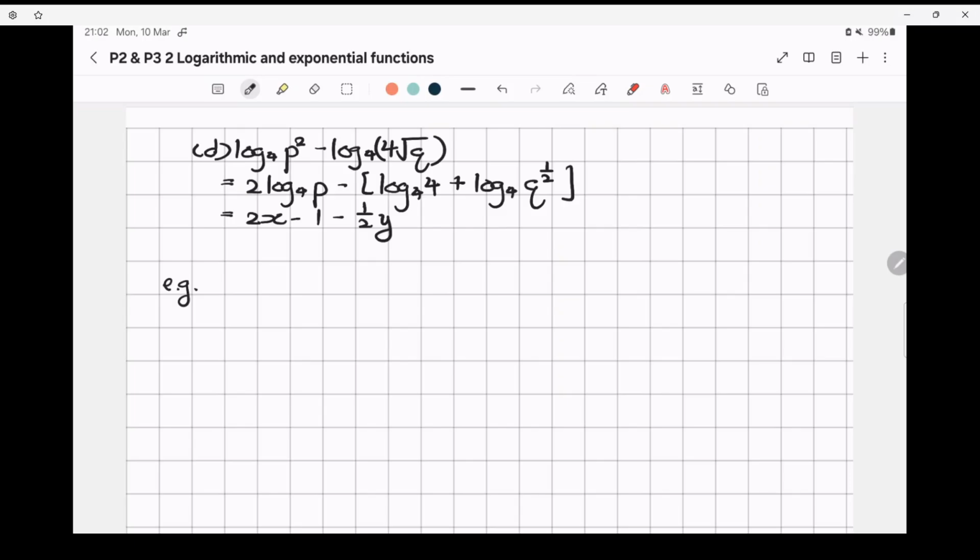Let's look at the other example. Given that log base a x equals 7, log base a y equals 4, perhaps not express the following, but instead find the values of the following.